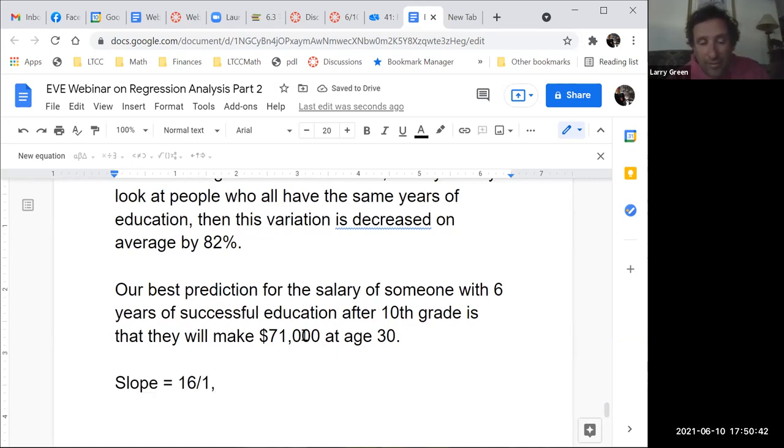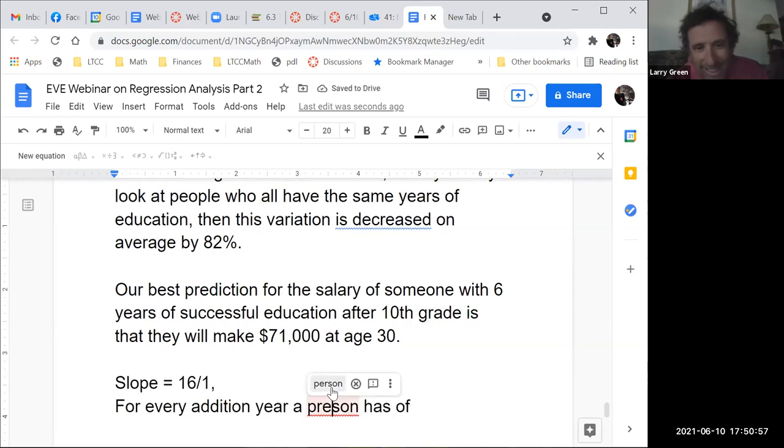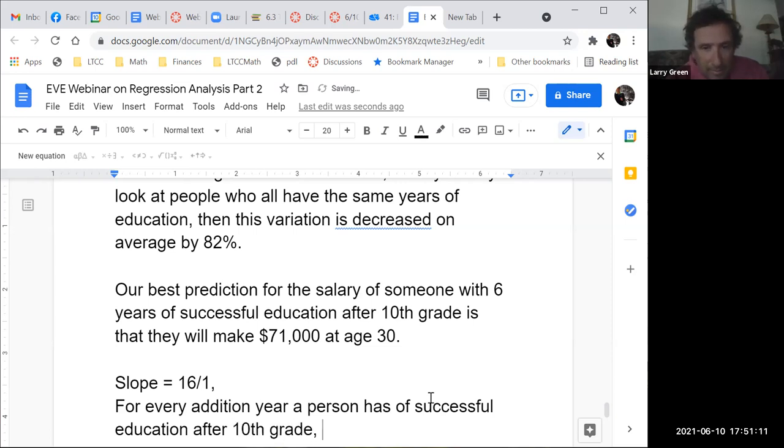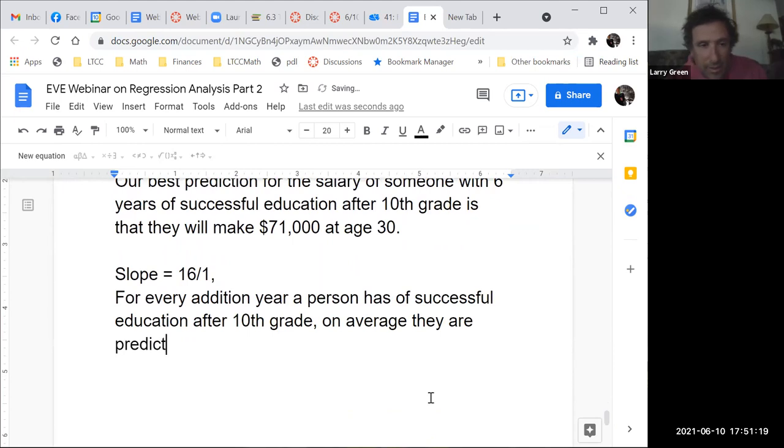So that tells us that for every additional year a person has of successful education after 10th grade, on average, they are predicted to make an additional $16,000. Any questions on the slope?